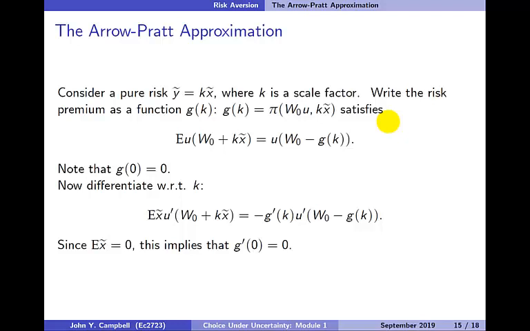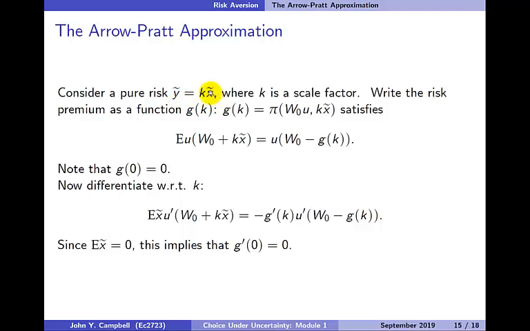But what the Arrow-Pratt approach does is that it considers a small risk. So we're going to take an arbitrary risk x tilde, multiply it by k, some scale factor, let k get small, and then consider what happens. So y tilde is k times x tilde, and we're going to think about small k.